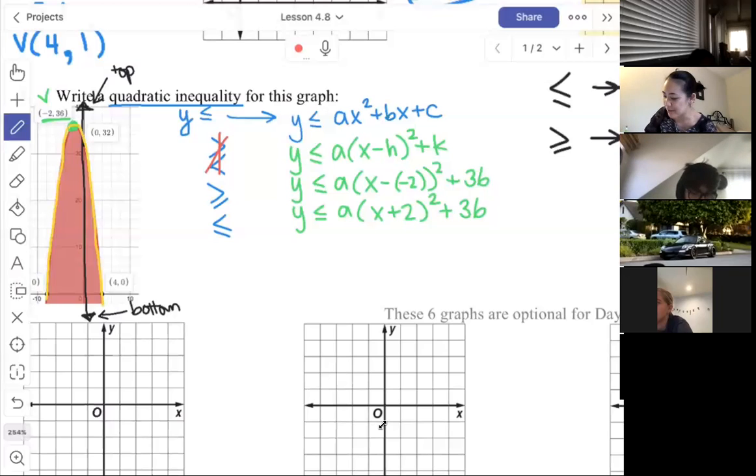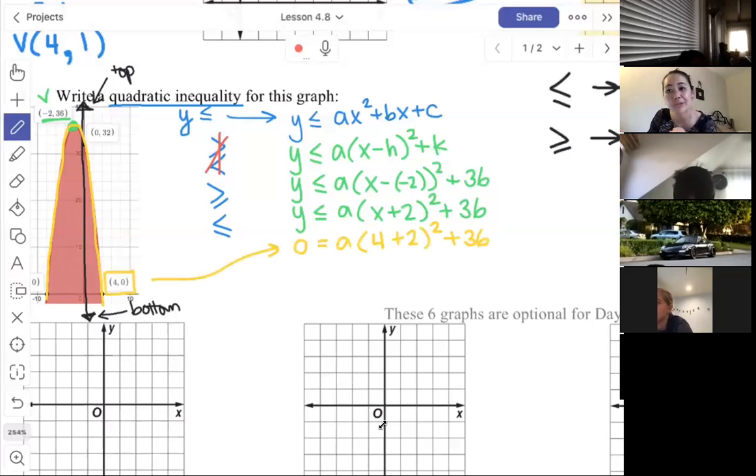I'll pick this point for 0, because low numbers are a little easier to handle. I'm going to plug in 0 for y and 4 for x, and solve for a.